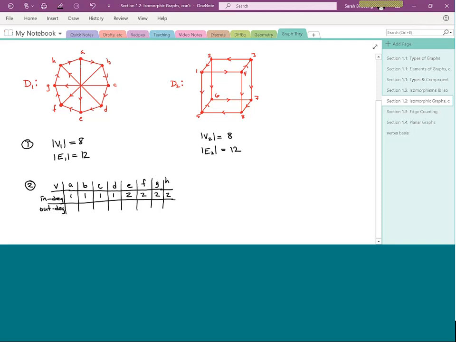So A has an out degree of 2 because you're going to B and to E. And the same thing happens on each of these next ones. One of the out degrees corresponds to the edge that's going around the polygon. The other out degree corresponds to that guy that looks like a diagonal. So we'll have 2 for all the out degrees for the first 4.